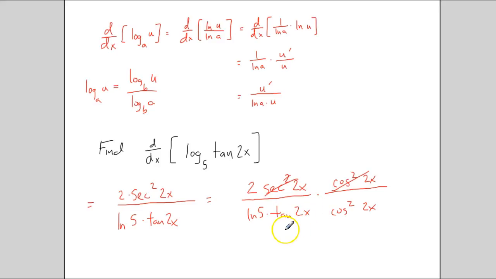And remember, if you want to rewrite tangent 2x, that's the same thing as sine 2x over cosine of 2x. So we would lose the cosine 2x and it would leave us with one of these. And we end up with 2 on the top, natural log of 5, and then we've got a sine 2x times a cosine 2x.